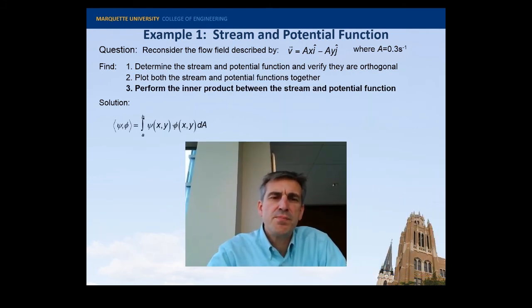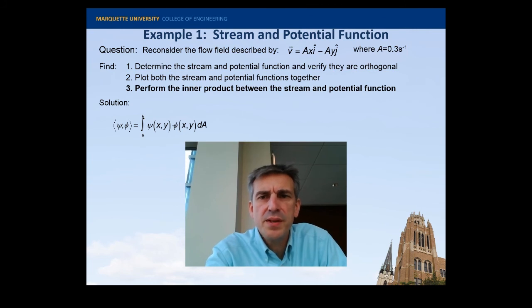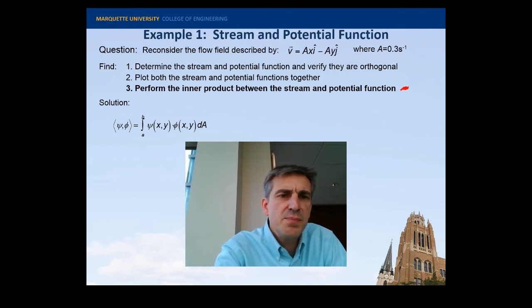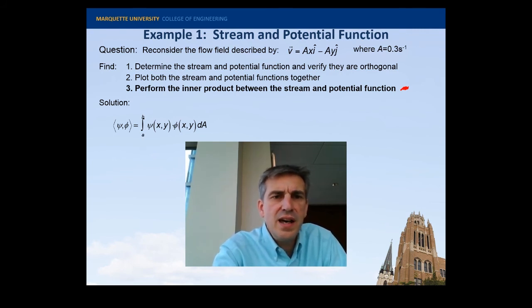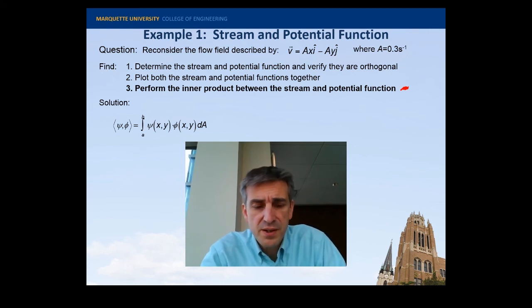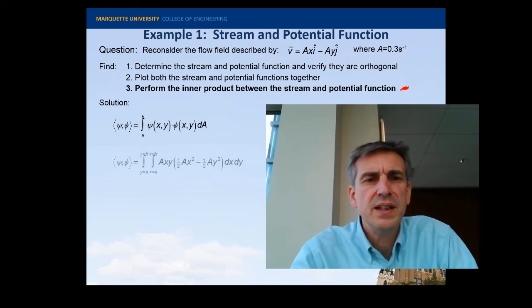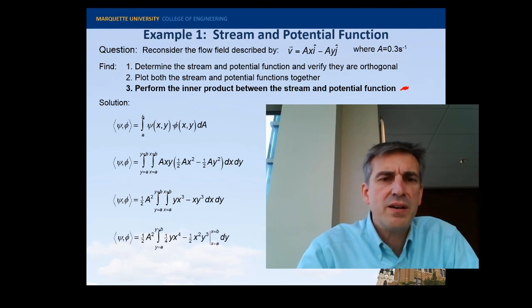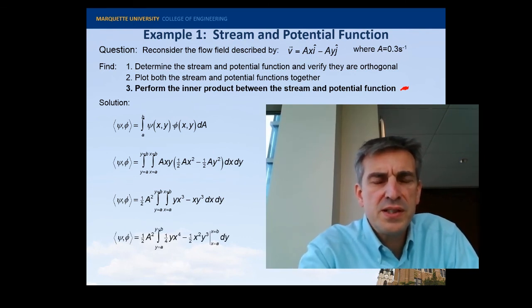All right, the last part of this example is to perform the inner product between the stream function and the potential function. So this is, by definition, the inner product. And the question is, is this 0? If it is 0, it's orthogonal. So it's just a simple matter of inserting first the stream function and the potential function and performing this integration first with respect to x.